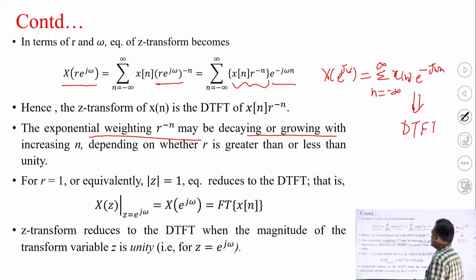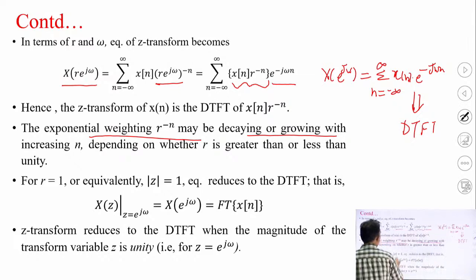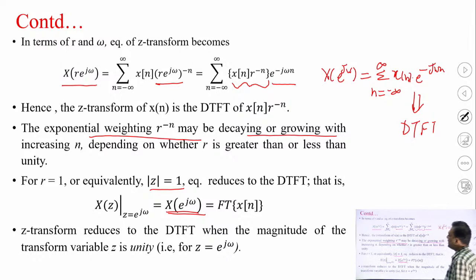If r = 1, then |z| = 1, and you can obtain the DTFT equation from the z transform by putting z = e^(jω). We can do this only when the given signal is absolutely summable.